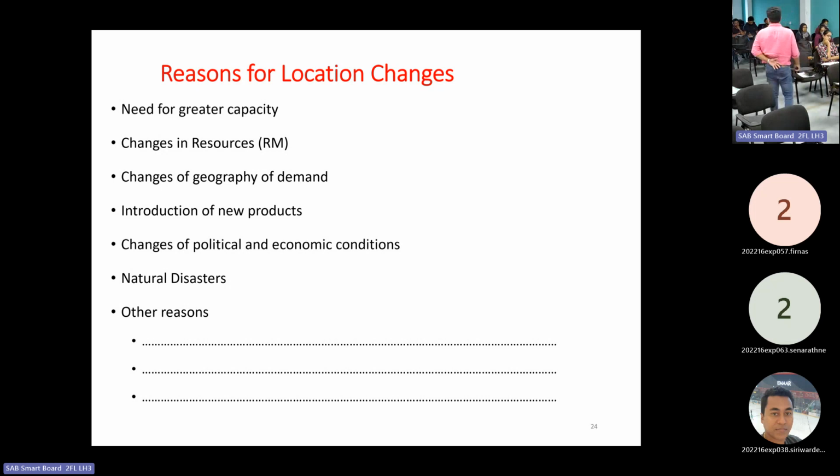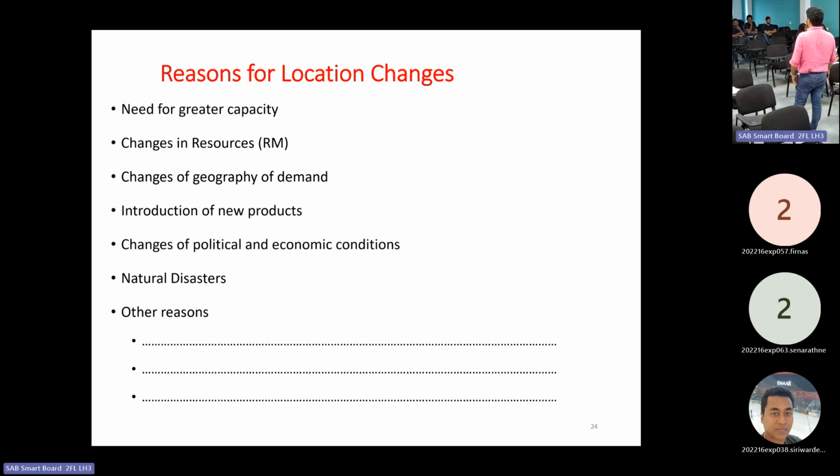When a business needs to expand capacity and the existing place is not enough, they have to change location. That happens with most small scale factories. They start small, and when they want to expand, there is not enough space, so they have to change.